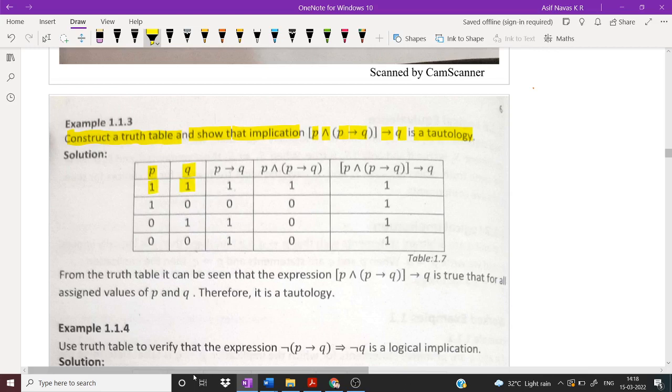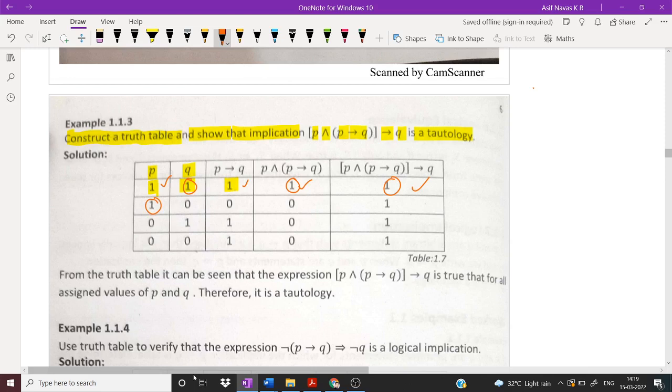P 1, Q 1, then P implies Q is 1, and P conjunction P implies Q is 1. So 1 and 1 gives 1 here.